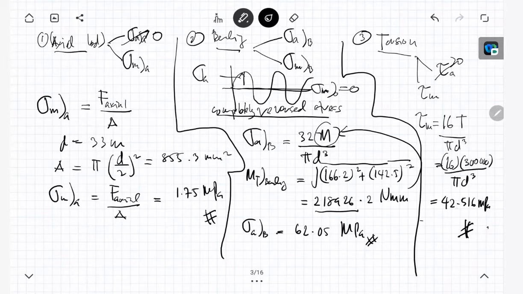Okay, you have just three types of stresses. Then you need to combine. Means combined with the means and alternating combined with alternating.